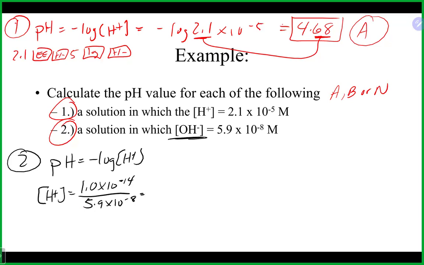That is going to get us 1 times 10 to the minus 14 divided by 5.9 times 10 to the minus 8, and we'll get 1.7 times 10 to the minus 7.